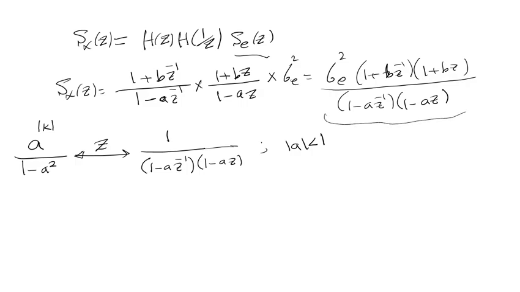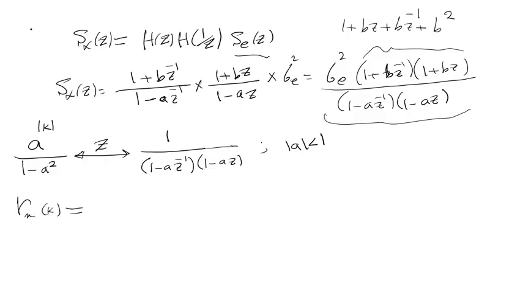But it's a bit different here. We have sigma squared. We can multiply both sides of this relation with sigma squared, but this part I can compute: 1 plus bz plus bz inverse plus b squared. So I can write it like this.